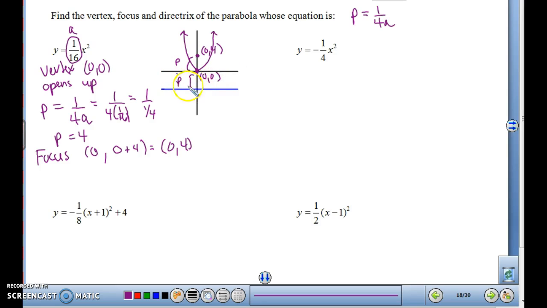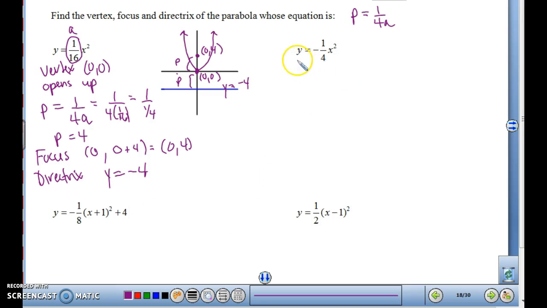Well, if you're 4 units below the x-axis and parallel to it, your directrix is going to be at y equals -4. So that's how you would use the focal length. You had to use y minus p to get this. So the y value was 0, 0 minus 4 is -4. So your focus is at 0, 4, your directrix is at y equals -4.